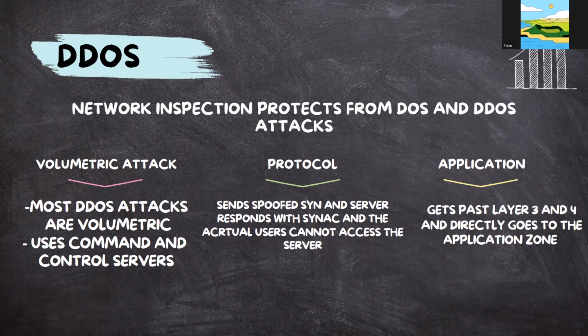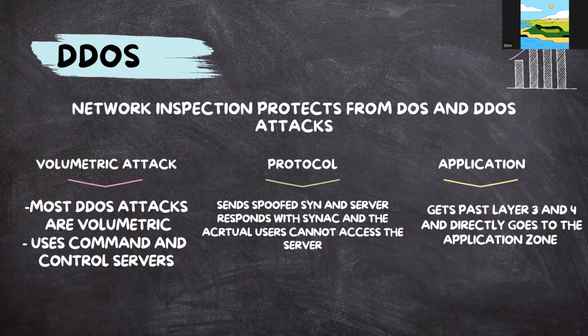And DDoS, which stands for distributed denial of service attack, instead of a single box, we have multiple bots or servers that are out there, by botnet for instance, and all these are targeting the particular website.